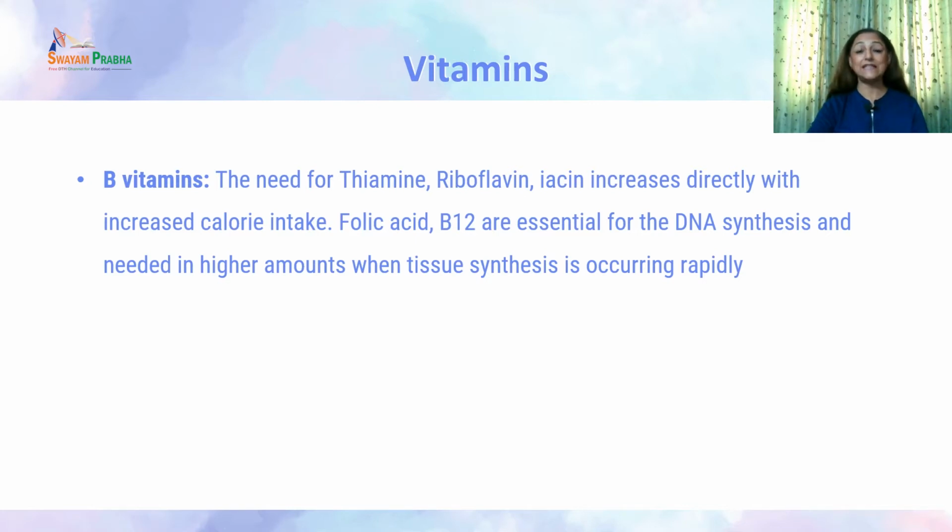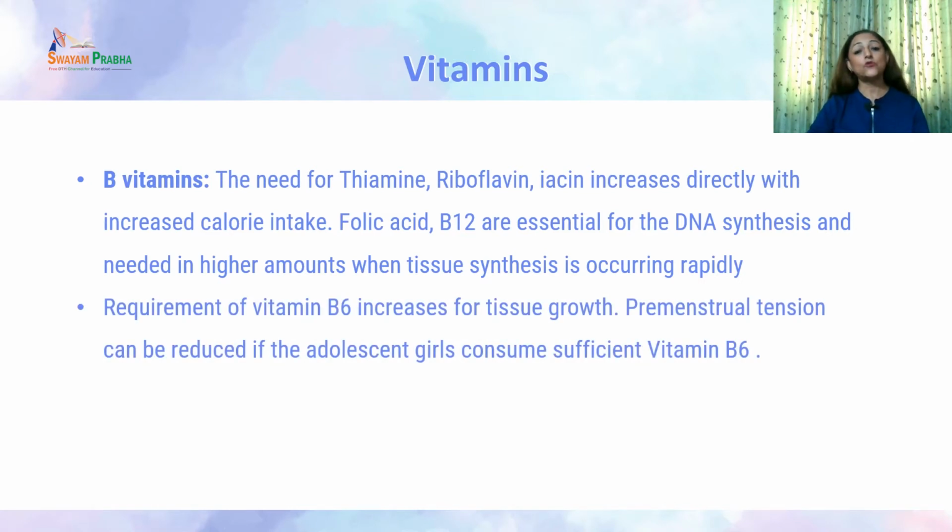As we have seen that during the adolescence, all these changes are occurring at a very fast pace. And tissue growth involves amino acid metabolism, especially transamination. What is transamination? This is a process to synthesize non-essential amino acids by the body.